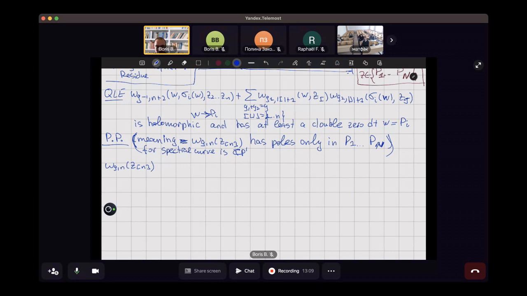Say 5, omega 0,1 of z, it's y as usual. Maybe for consistency change the numeration, but I think it doesn't matter at all.